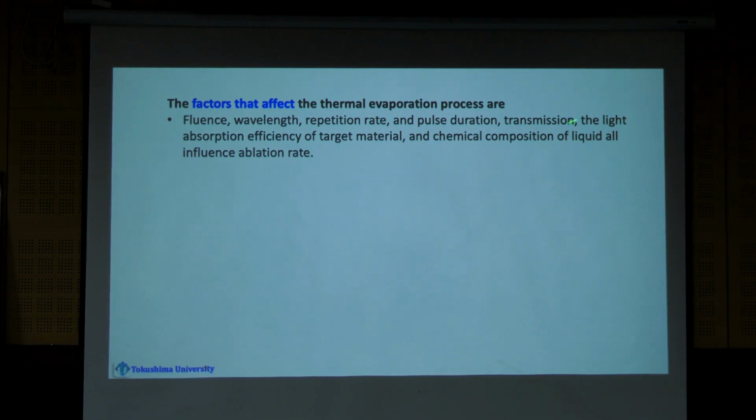Even the chemical composition of the liquid can affect the laser ablation. In our case, we are using water. Sometimes we use methanol, ethanol, or a combination of water and ethanol, 30% ethanol, 70% water. Sometimes we put the bulk material into water, but it cannot disperse.